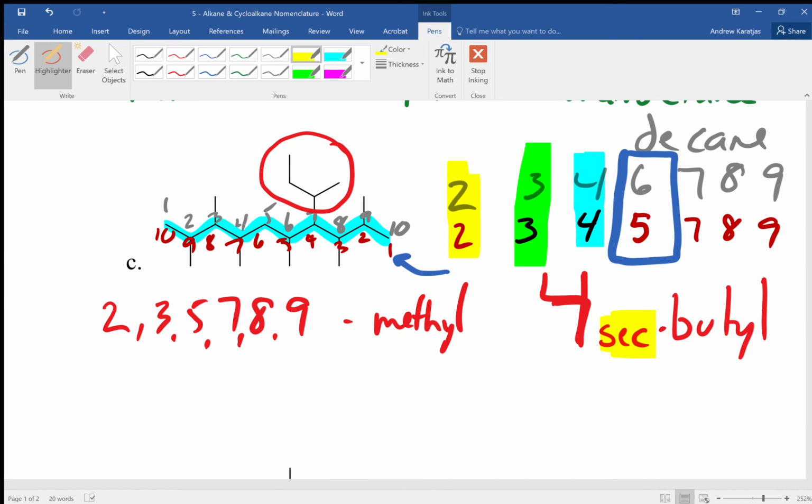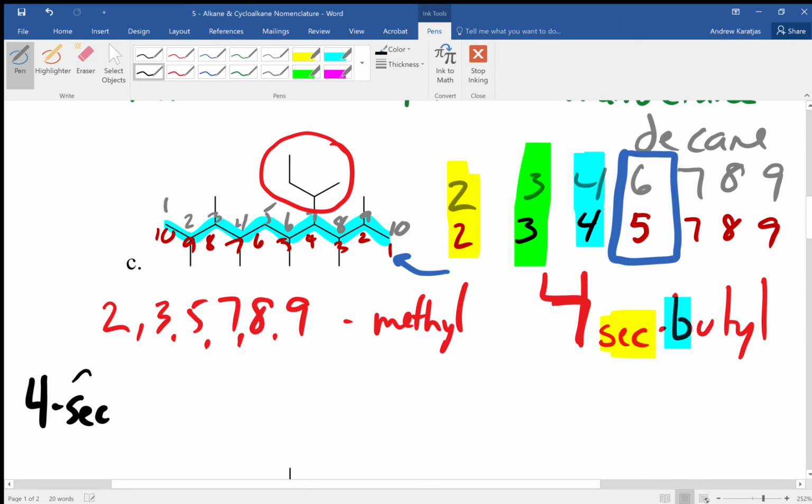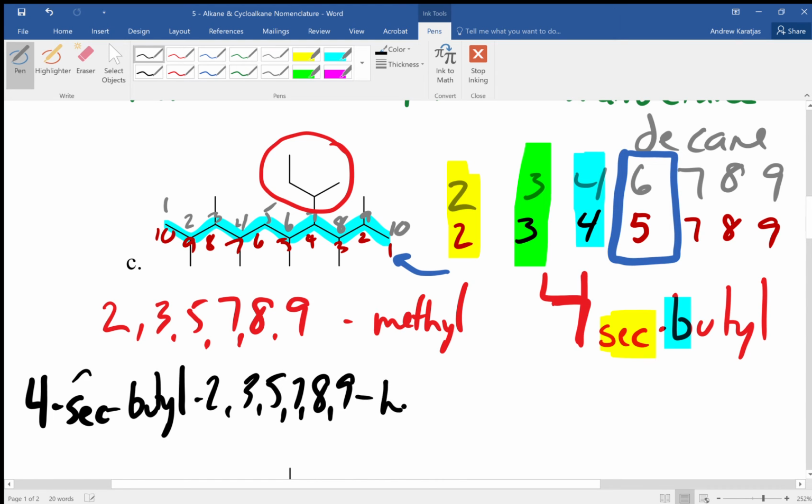So sec-butyl gets alphabetized under B. So this compound is 4-sec-butyl-2,3,5,7,8,9-hexamethyldecane.